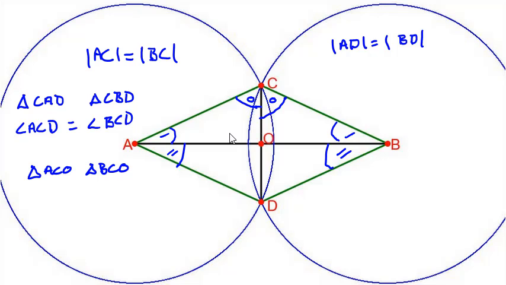And since they are congruent triangles, then the length of the line segment AO must be equal to the length of the line segment OB, and the angle AOC must be equal to the angle BOC.